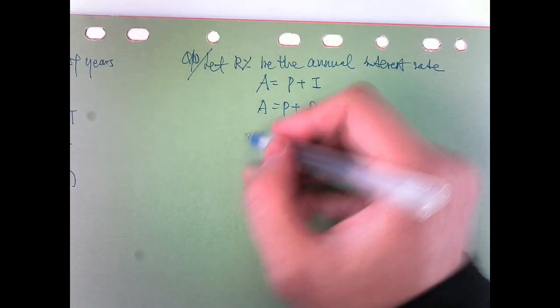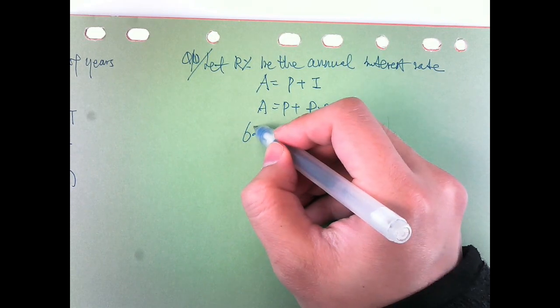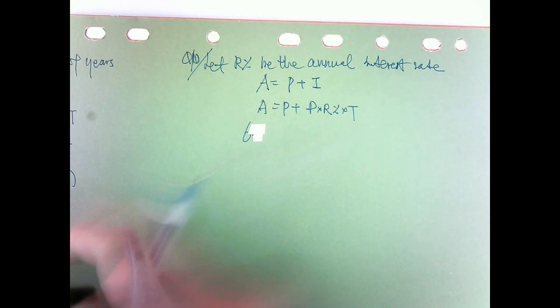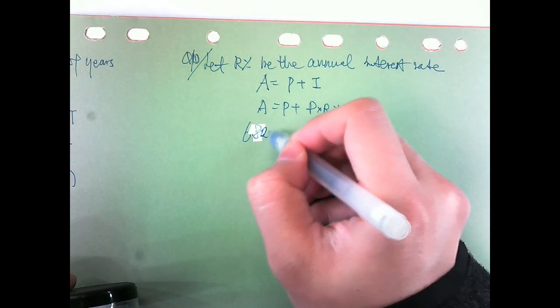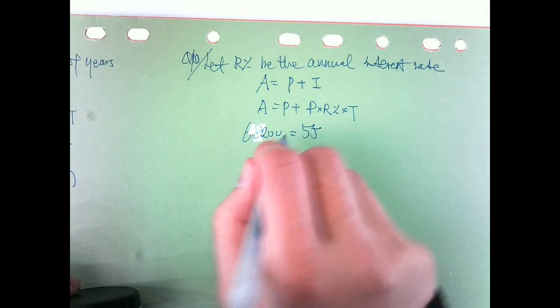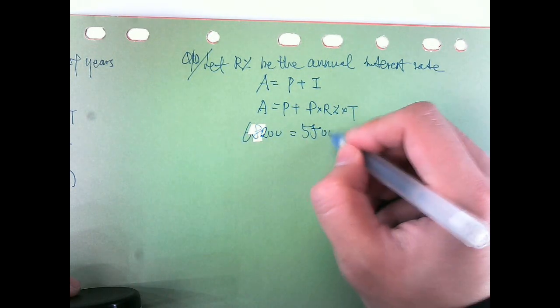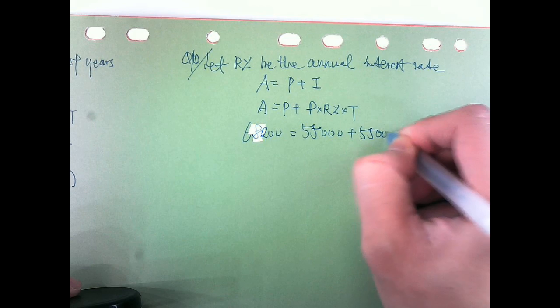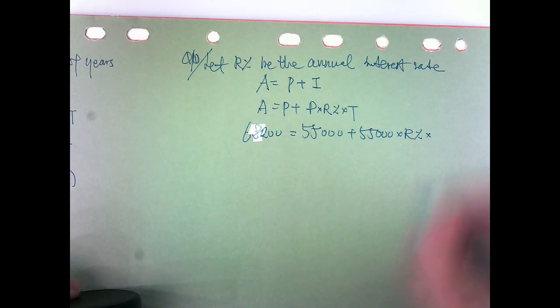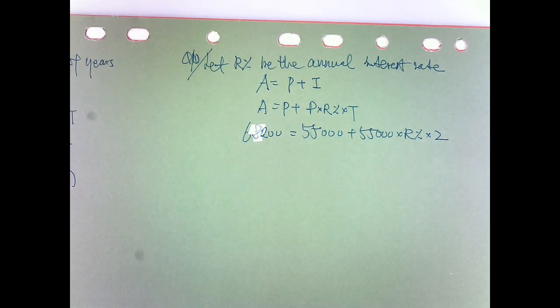So the amount is 68,200. Okay, 68,200 equal to the P is 55,000. 55,000 here times the R%. You have to find the R%, the number of years is 2. Understand?